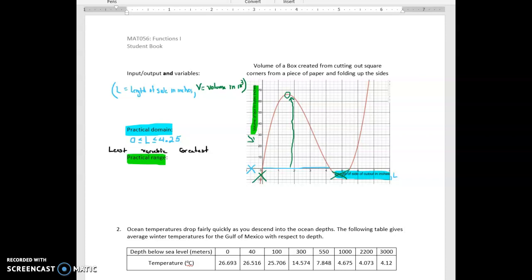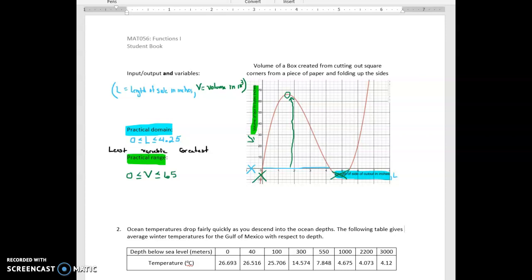So we're going to go from 0 less than or equal to V, which is less than or equal to 65. Keep in mind that practical means it's got to make sense to the problem. Just because this red line starts in the negatives down here and goes negative again and then goes back up, we're only looking at the part of the graph that makes sense to the problem.